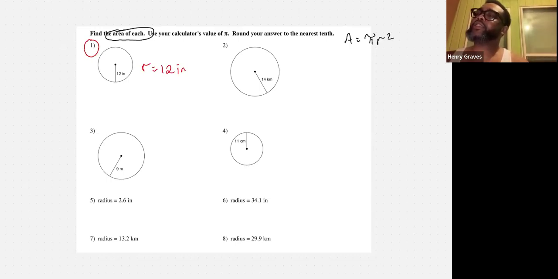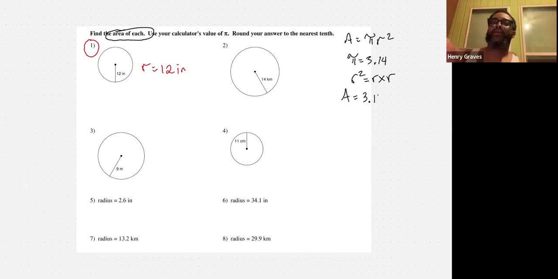So based on that information, r to the second power basically means multiplying the radius by itself twice. Some other people prefer to write the formula like this: 3.14 times r times r, because that's really what you're doing. You're taking your radius, which is to the second power, and multiplying it by itself.